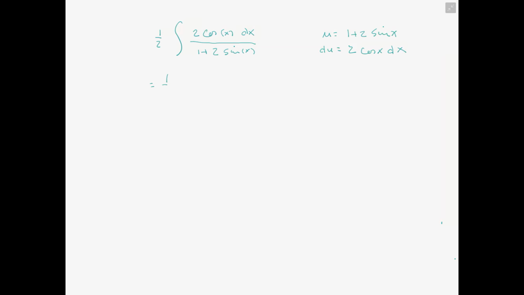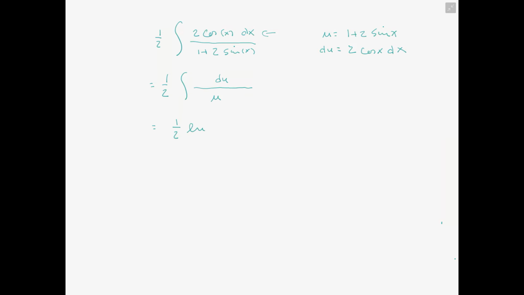And so what do we have here? We put those back into our equation. We've got 2 cosine of x dx, so that's du, and the denominator is u.